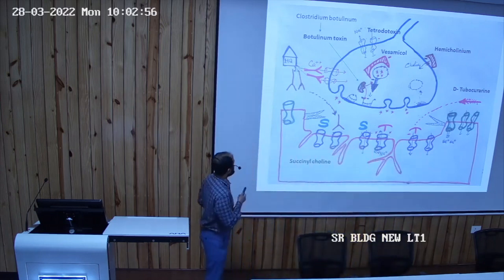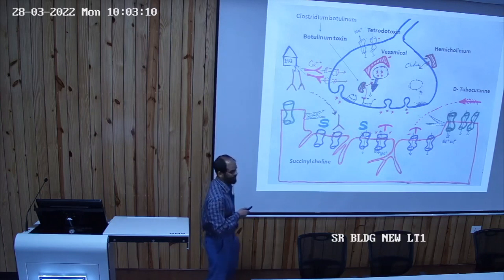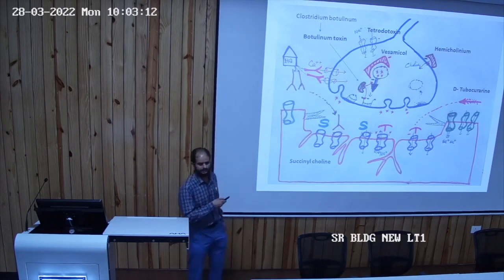These auto-antibodies may damage this receptor channel, that is the acetylcholine receptor channel. When this receptor channel is damaged, they produce a myasthenia gravis like condition.